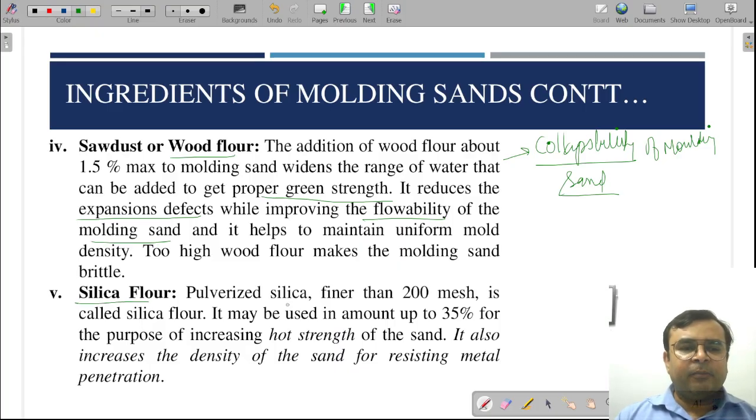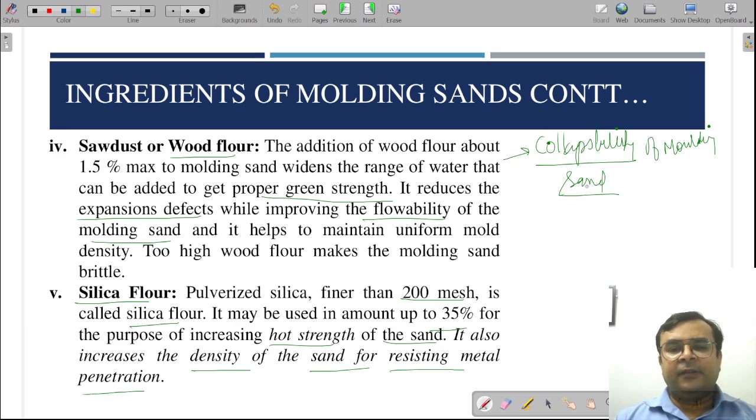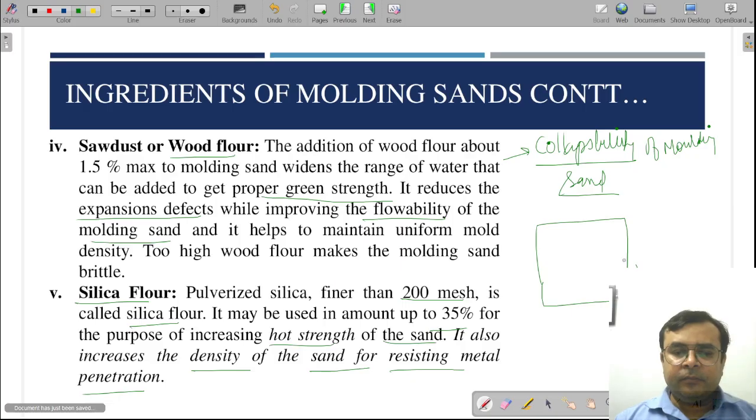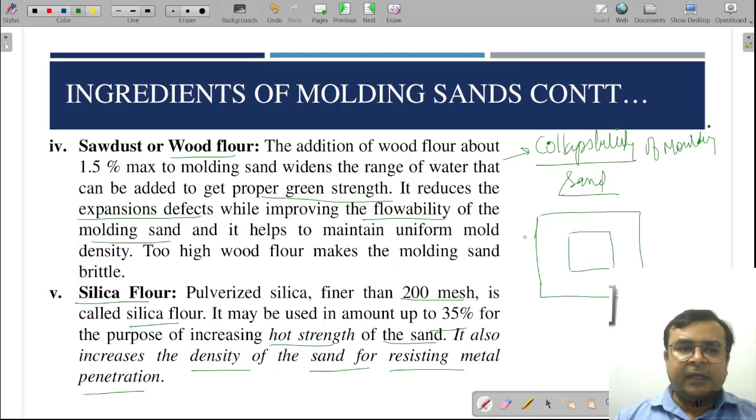And silica flour, pulverized silica finer than 200 mesh, is called silica flour, and it is used in an amount of 35% for the purpose of increasing the hot strength of the sand, and it also increases the density of the sand to resist metal penetration. See, this is a mold box, and this is a mold cavity, and obviously here we have a molding sand.